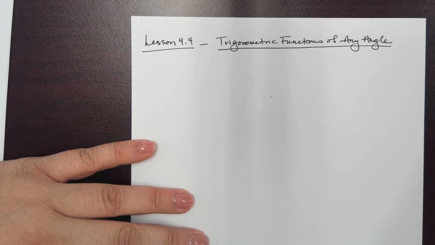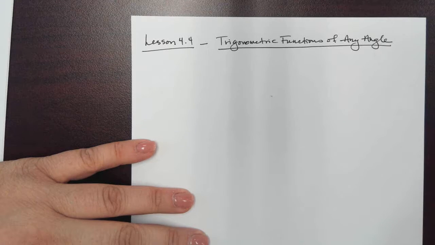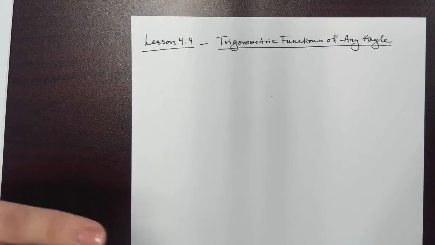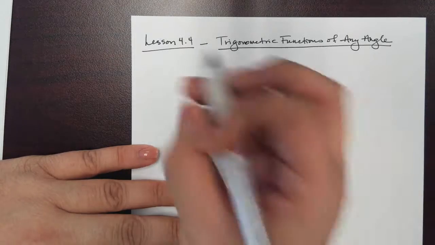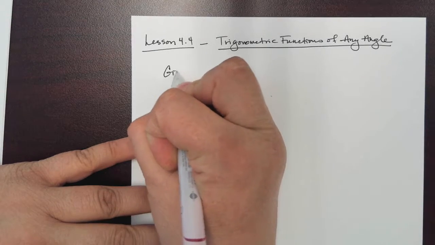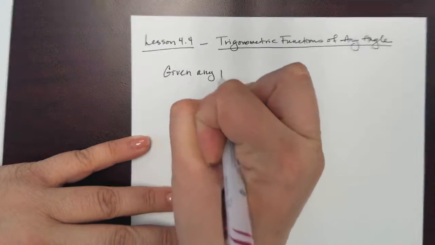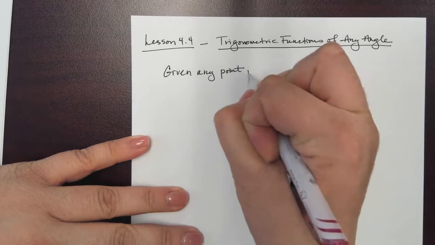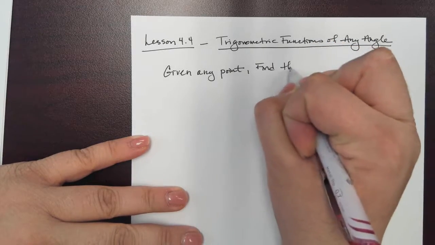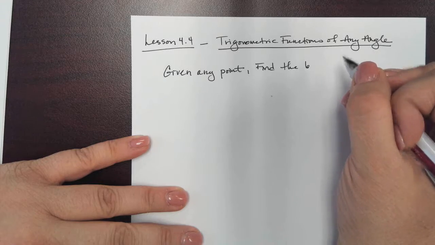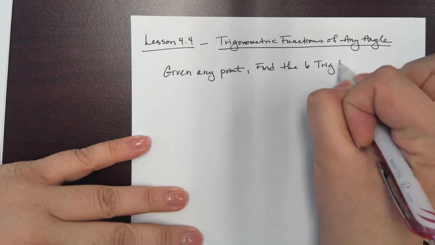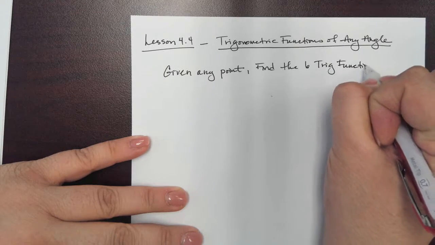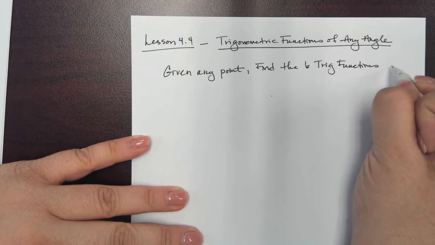Okay, this is lesson 4.4, trigonometric functions of any angle. In this lesson, given any point, I'm going to find the 6 trig functions. We're going to have a lot of this in this lesson.